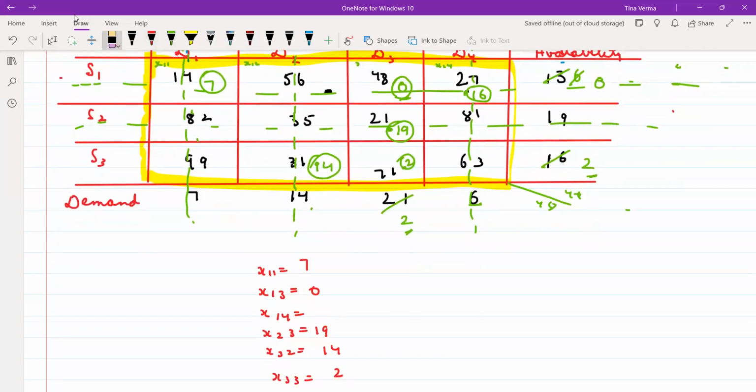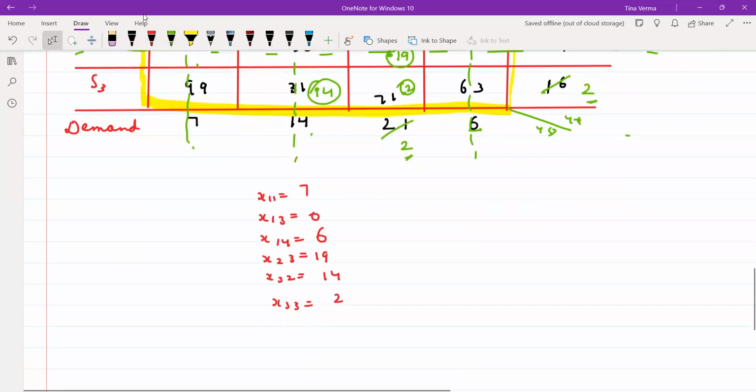X14 is okay 6. I have written wrong. I cut. This is your 6. Fine. This is not 16. This is 6. Is it clear? So now you can notice here that one of your basic variable is 0. So you have degenerate basic feasible solution.